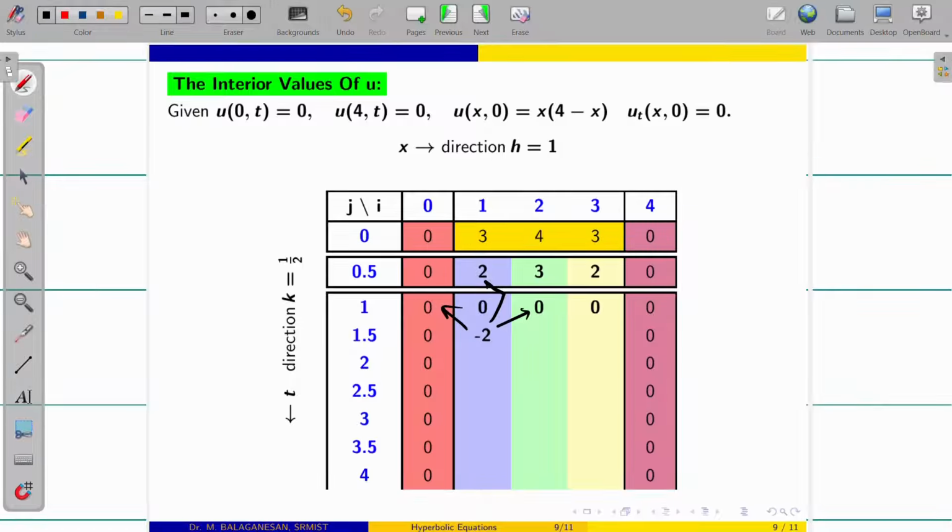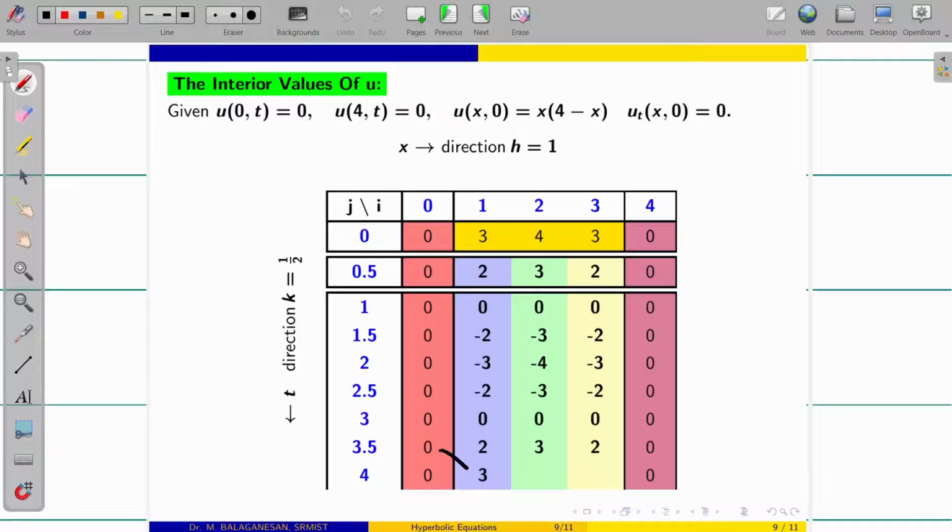Clear? Right. So I have to find the next value. How to do that? This plus this minus this. Similarly, how to get minus 2? 0 plus 0 minus 2. Similarly, proceed for the other steps also. We can find the answer.